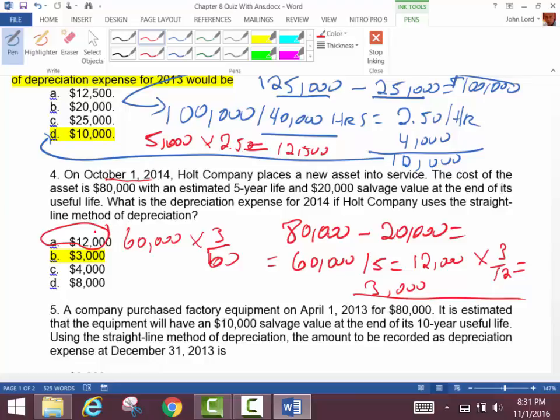Can you also do the 60,000 times 3 over 12 and then multiply by 20%? The commutative law of multiplication says you can. I don't like that.